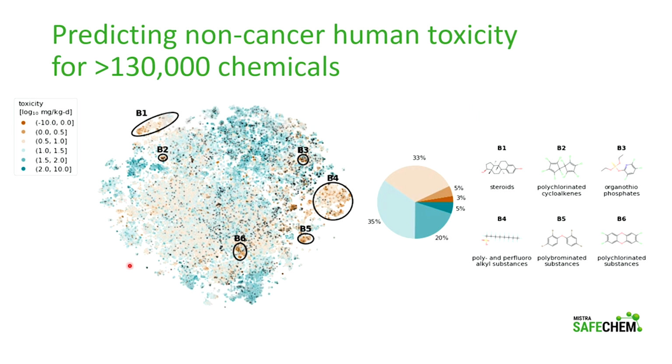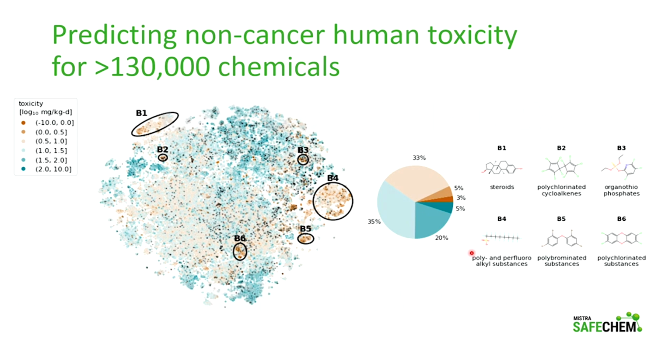We have something that you might be more familiar with, polychlorinated cycloalkenes and also polybrominated and polychlorinated substances like dioxins. They are these numbers 2, 5 and 6. And we also have organothiophosphates, which are often used as pesticides. And finally, we have a large cluster over here, which is a large group of PFAS.